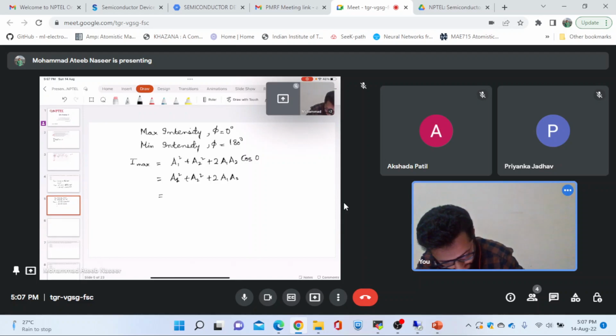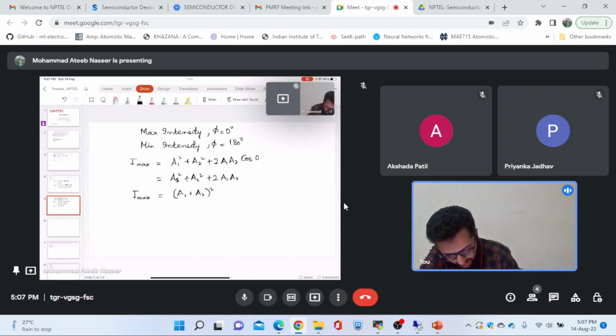So this maximum intensity can be written as A1 plus A2 whole squared. So this maximum intensity is simply the square of the sum of the amplitudes.